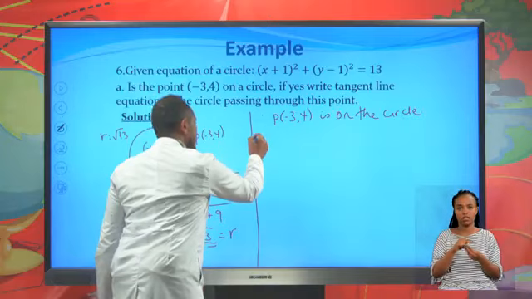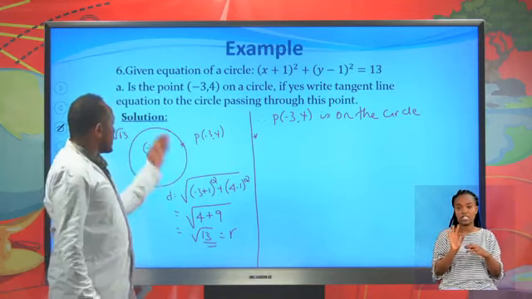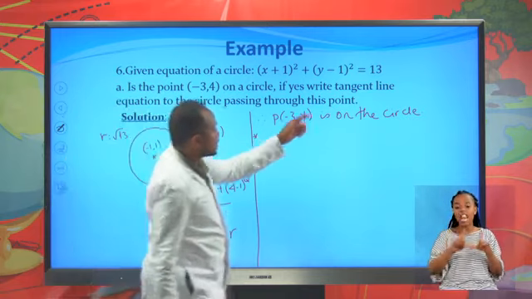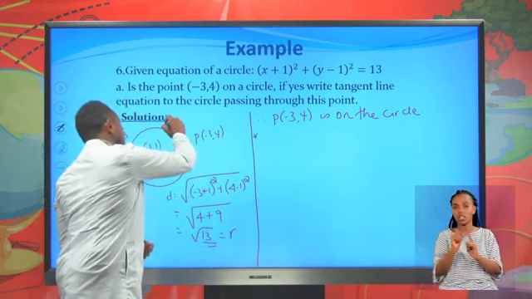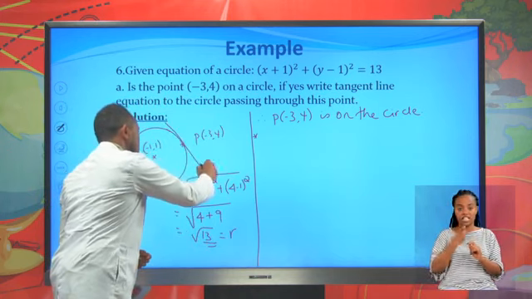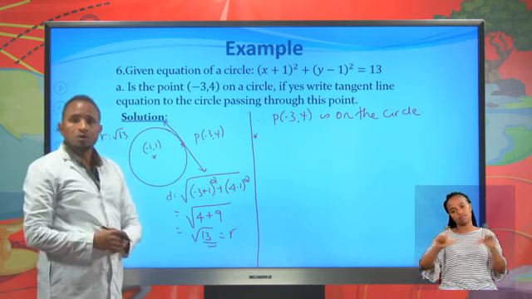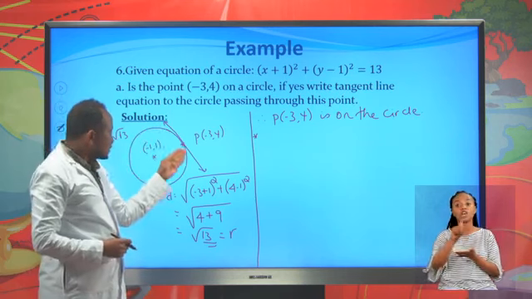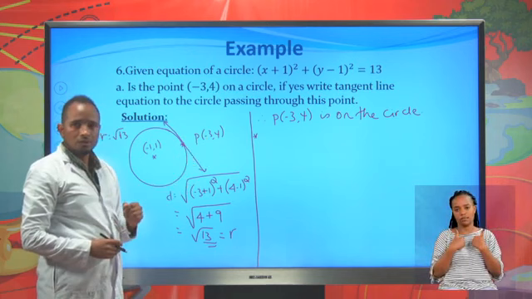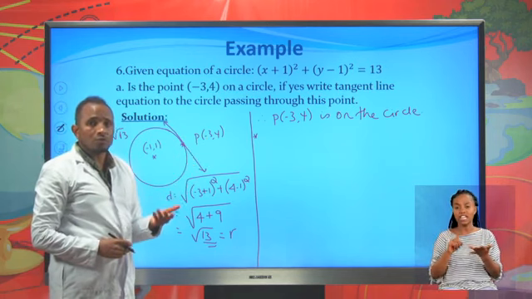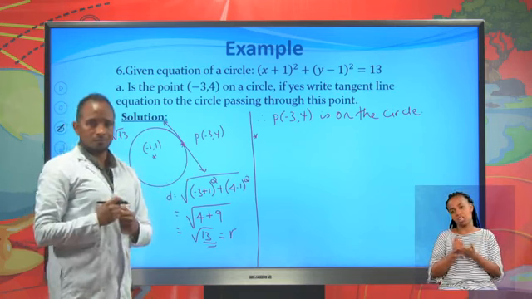Now, the second question is to find the tangent line equation to the circle passing through this point. To write the equation of this tangent line, we have a point; this line passes through this point. So we need another point or the slope of this line. If we have it, we can write the equation.